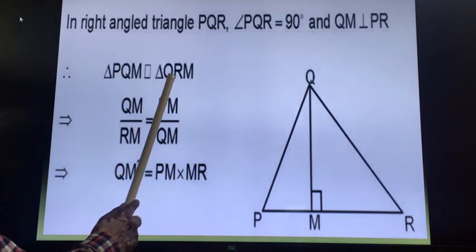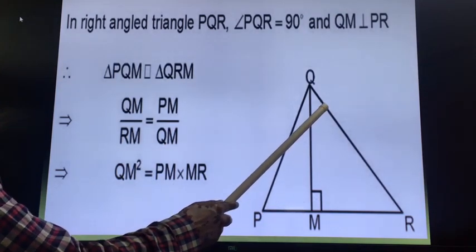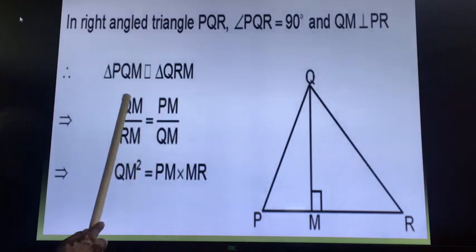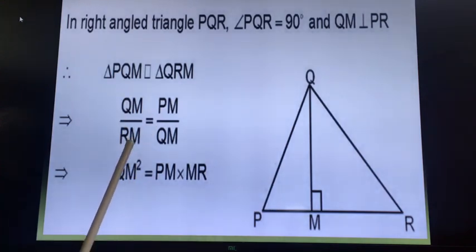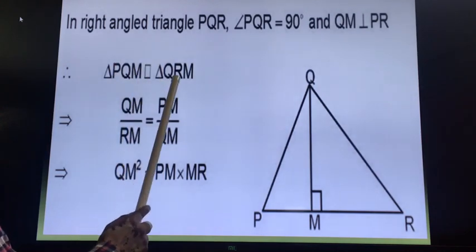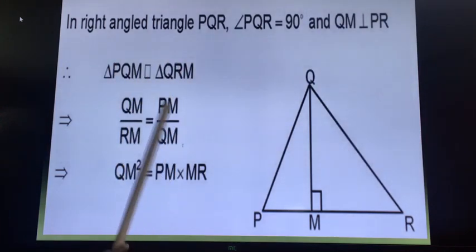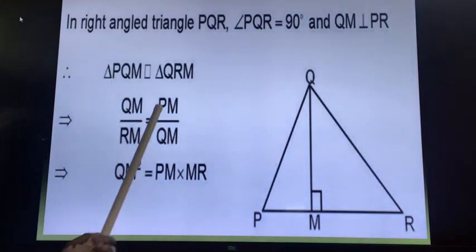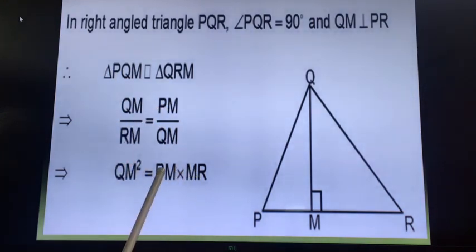So these two triangles will be similar because one angle is 90 degree, here 90 degree. Right? This angle will be common. So we can write QM upon RM is equal to PM upon QM. After doing the cross multiplication, QM square is equal to PM into MR.